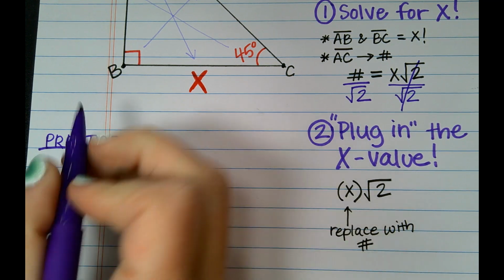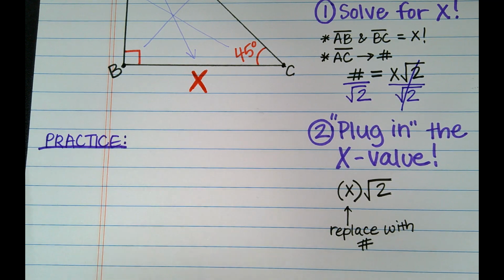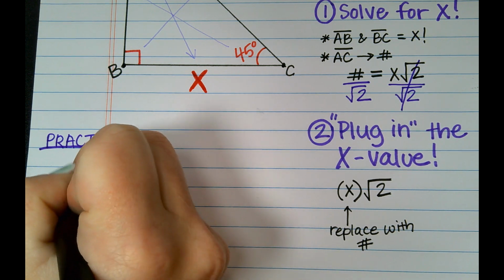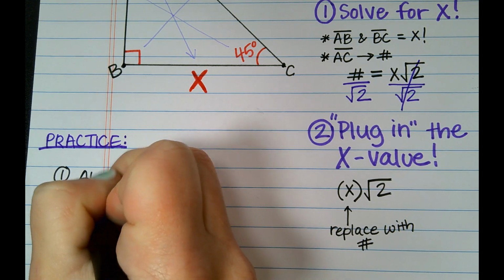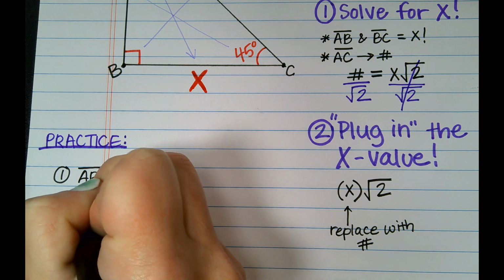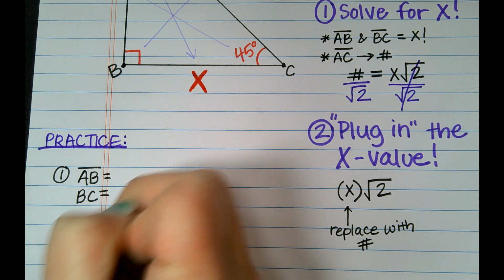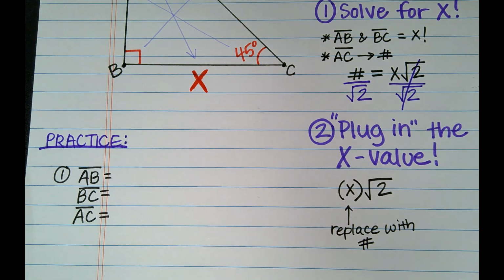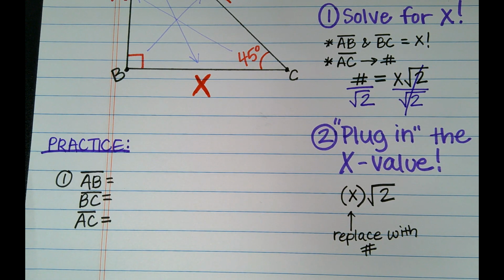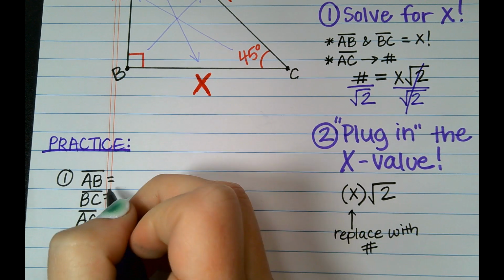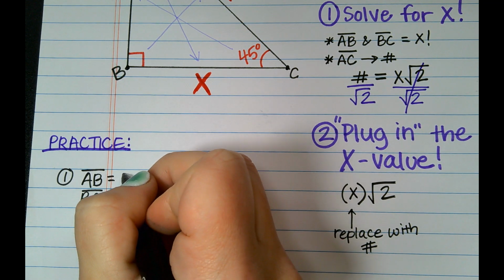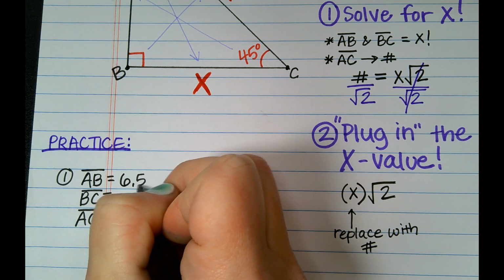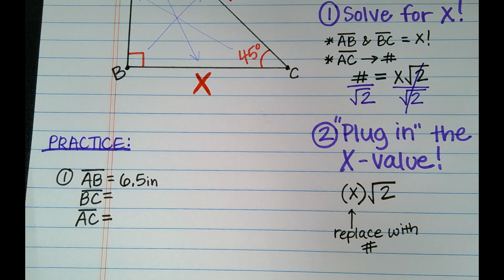For practice, for the first problem, I'm going to give you that AB is, I'm going to give you a decimal, 6.5 inches.